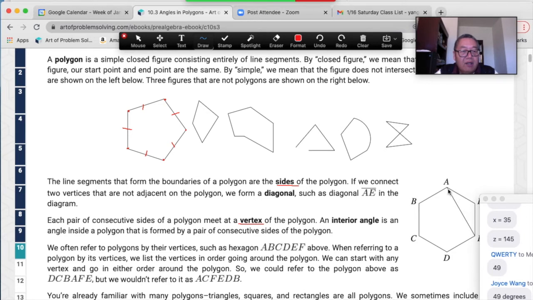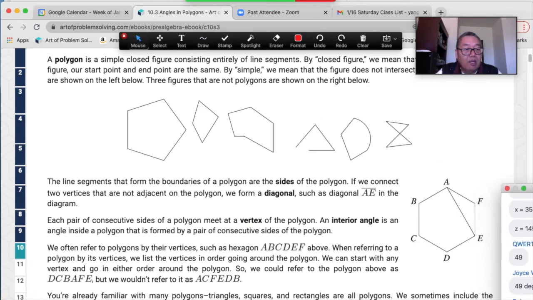Then if you connect, like here, A and another vertex, if you connect A and E, AE we call a diagonal. That's not a side, that's called a diagonal. Then this one is a hexagon. 1, 2, 3, 4, 5, 6 sides. It forms 6 interior angles, right?